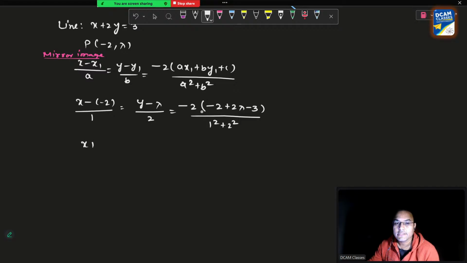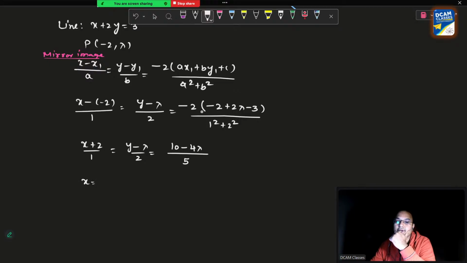How? (x plus 2) by 1 is equal to (y minus lambda) upon 2 is equal to, what is this? 2 lambda minus 5, so (10 minus 4 lambda) by 5.